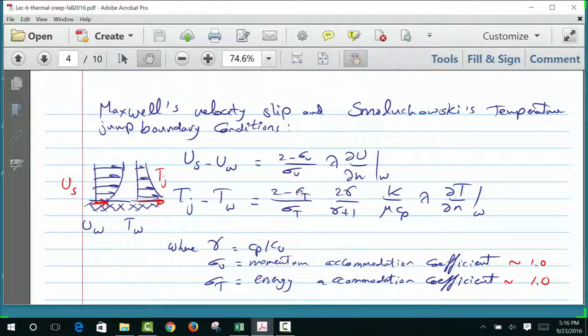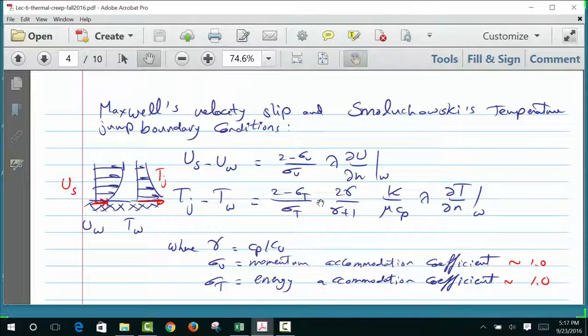And the way it's written, it's exactly the same as Maxwell: partial U, partial N, partial T, partial N. Again, N is normal to the wall. Sigma V, sigma T. In the lecture notes, we had the tangential momentum accommodation coefficient and the energy accommodation coefficient.